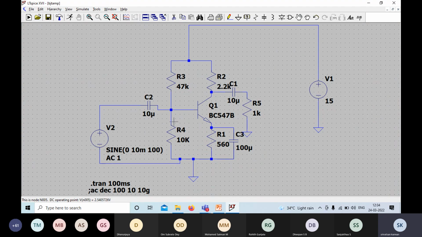So this is the circuit connection. What is your doubt? Sir, can you remove and place the emitter once? I'll remove the transistor now.